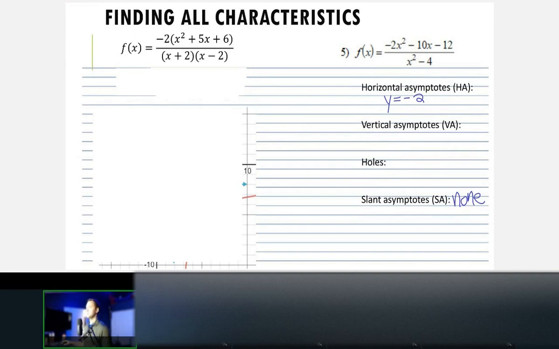All right, so real quick before we go on with the factoring, VAs. How do we find VAs again? Remember, guys, anybody can take the mic whenever you want.